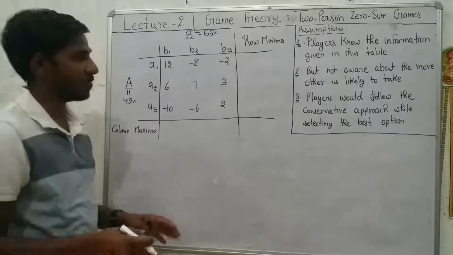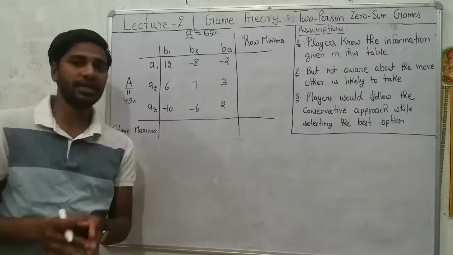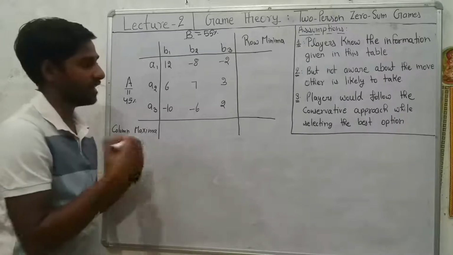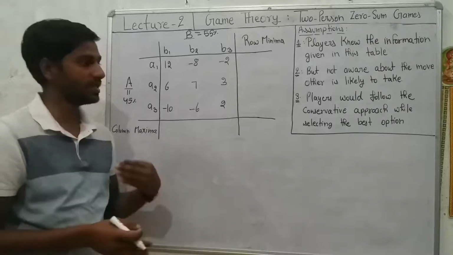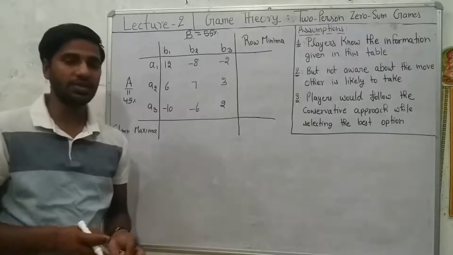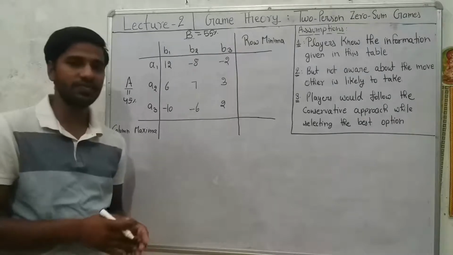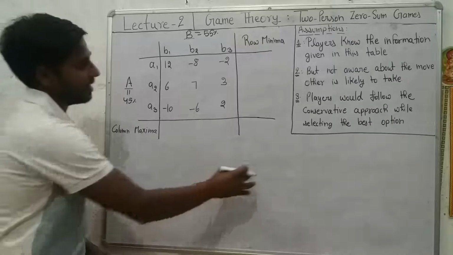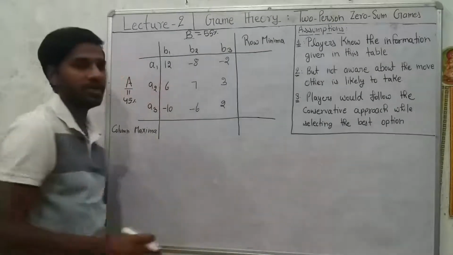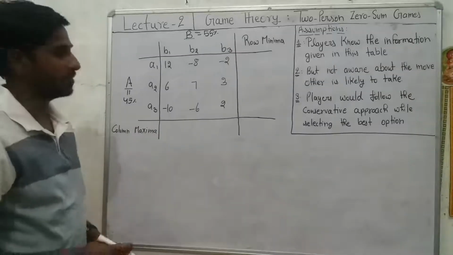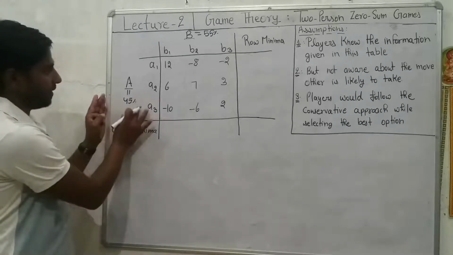They are going to consider the worst scenario, and according to that scenario they would take their actions or select their strategies. These are the basic assumptions we must keep in mind while solving these problems. So let's start with A.